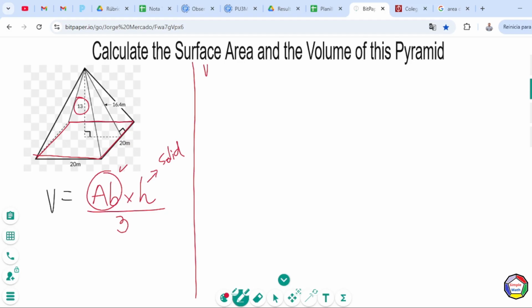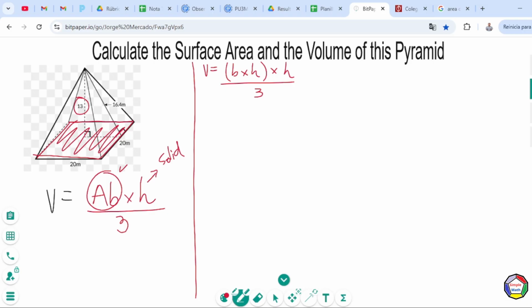So the volume is equal to area of the base. The area of the base is the area of this square, so the area of the square is base times height. Then I multiply that times the height of the pyramid, and everything I divide by 3.